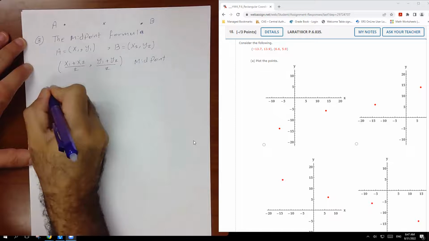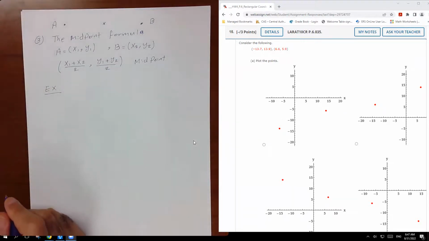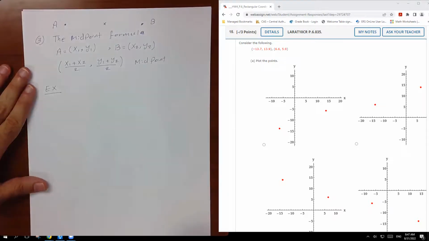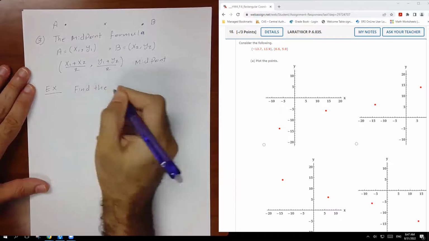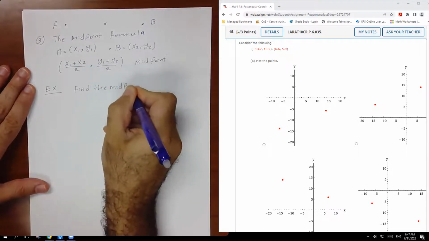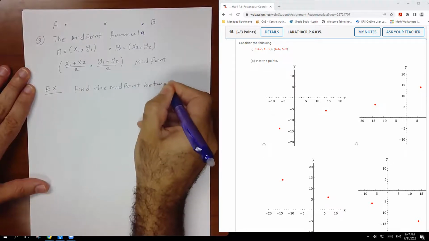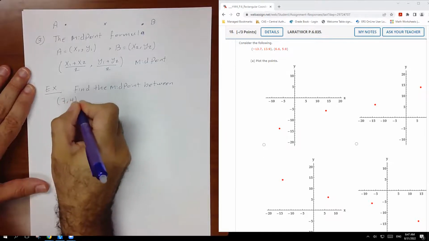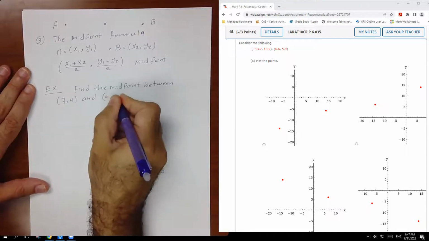For example, find the midpoint between this point, which is 7, 4, and the second point is 0, 28.